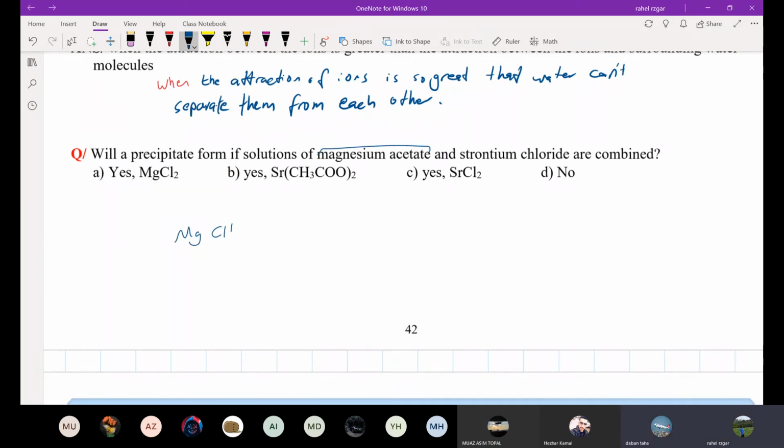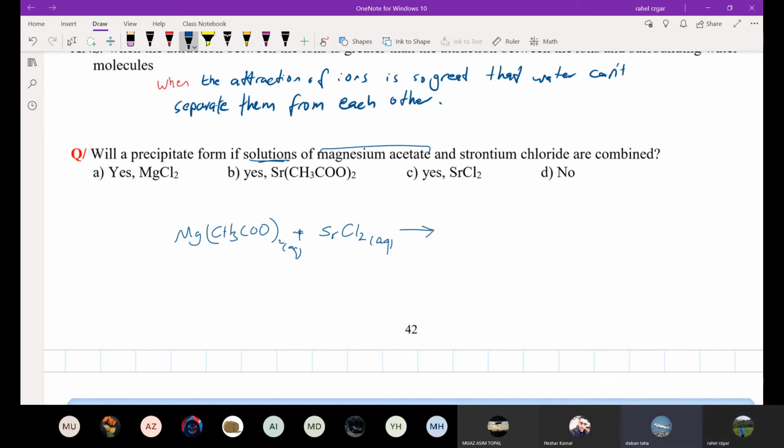Mg(CH3COO)2, since Mg has a charge of +2. It's aqueous, of course, because it says solutions of magnesium acetate. Both of them are solutions. When they are combined with strontium chloride, SrCl2, aqueous.